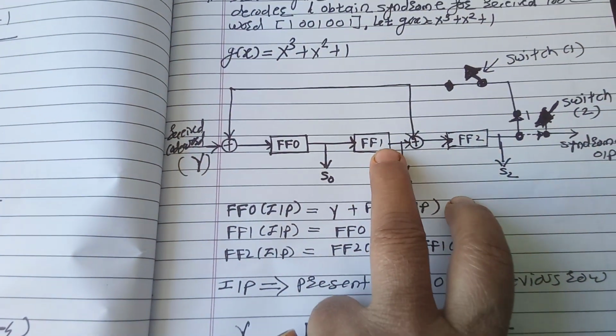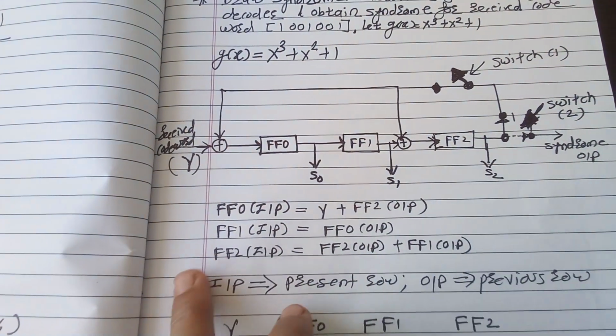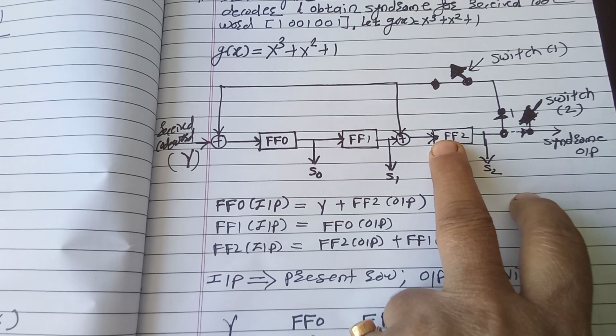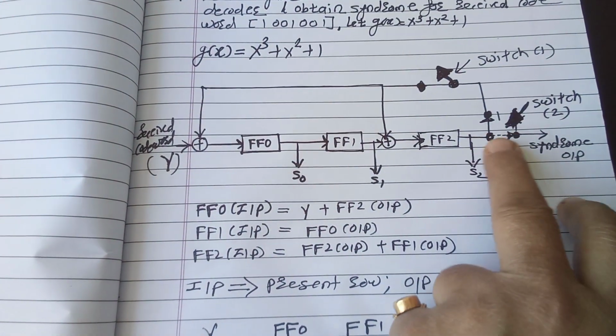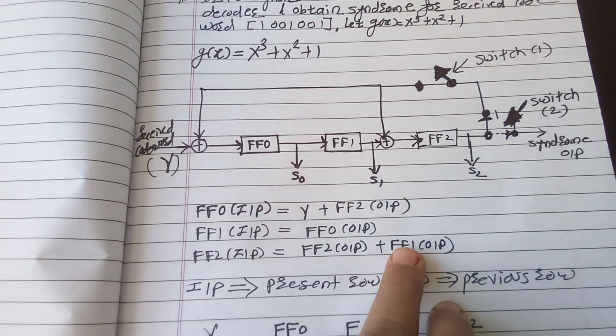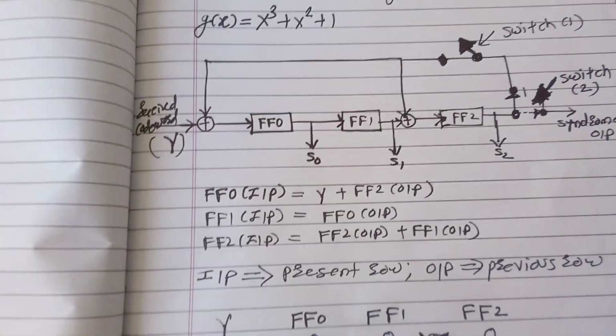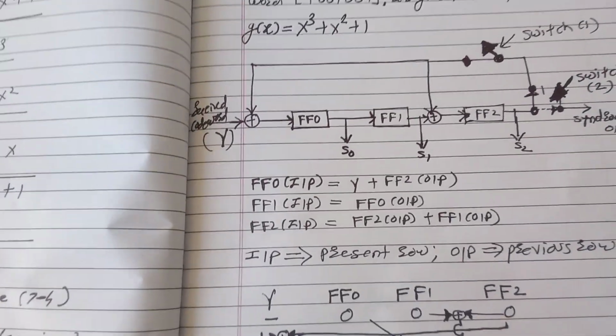Flip-flop 1 input is equal to flip-flop 0 output. Flip-flop 2 input is equal to flip-flop 2 output plus flip-flop 1 output. So you have to write these equations. This is a mod 2 operation, so plus means mod 2.